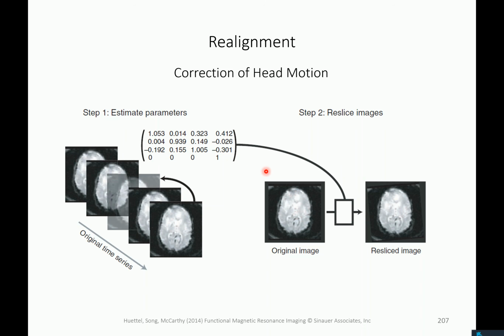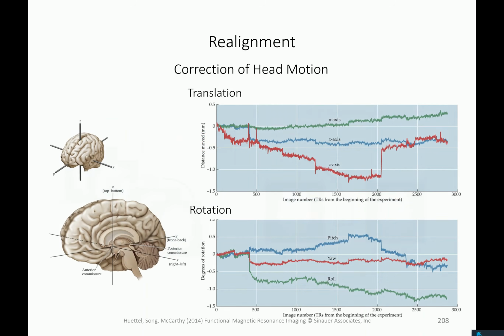Then these parameters are applied to the original image sequence to reslice, that's the term there, to reslice or interpolate the raw image to obtain a movement or motion corrected volume.